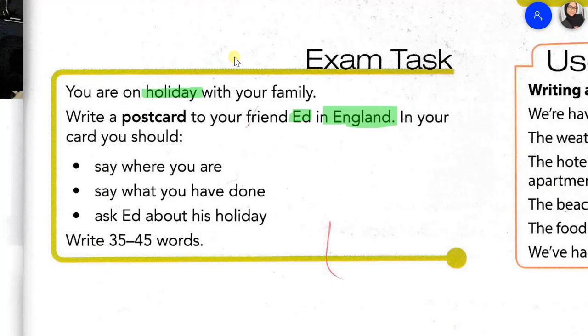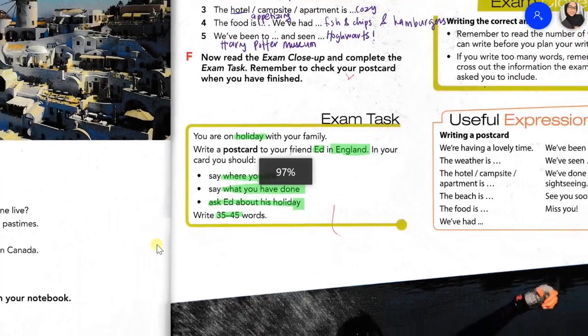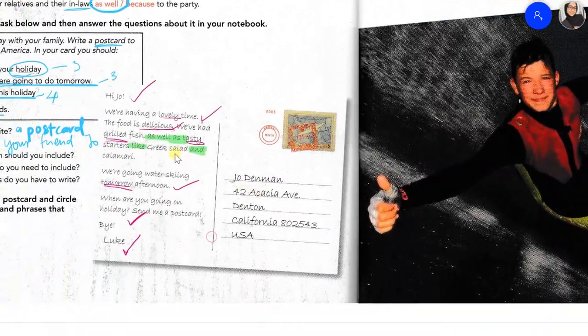In your card, you should say where you are, what you have done, and ask Ed about his holiday. Write 35 to 45 words, just like the sample postcard just now. You can use this as a reference or as an inspiration.